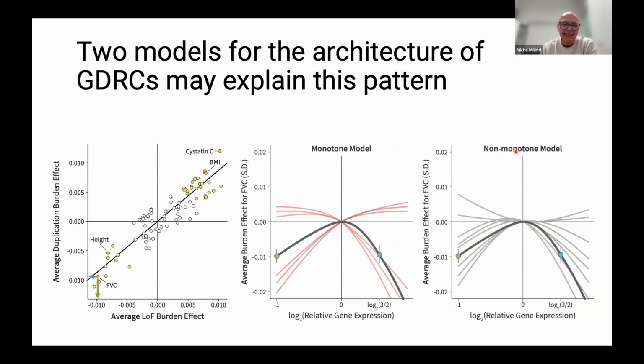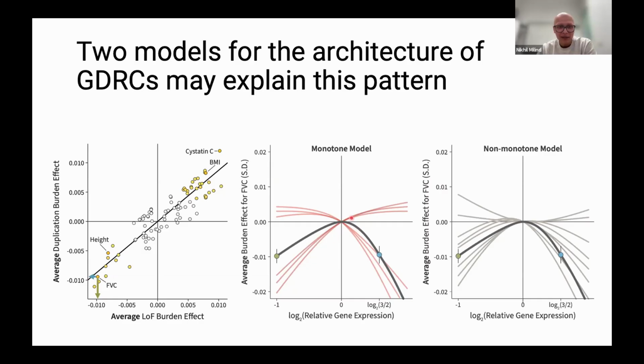So that comes back to this plot right here. The observation that averaging across all genes has the same direction of effect is represented by this black curve right here. What I'm showing you here are two models that might explain this observation. Let's look at this model, which matches our biological intuition.